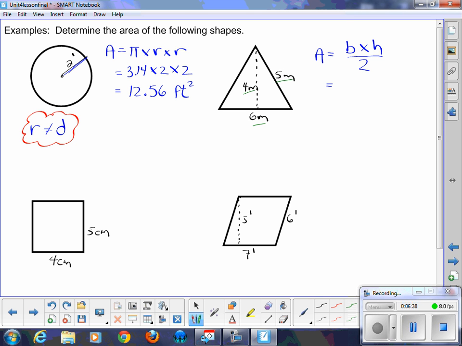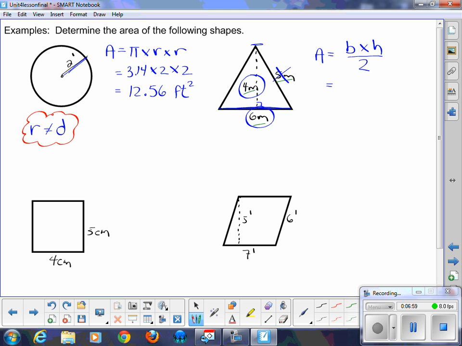The base is the side you're deciding to use as the bottom of the triangle, so that's going to be our 6. Height, again, is the distance from the highest point down to the base, making a right angle. So 4 is the number we really need, and 5 was the information I was trying to trick you into using.